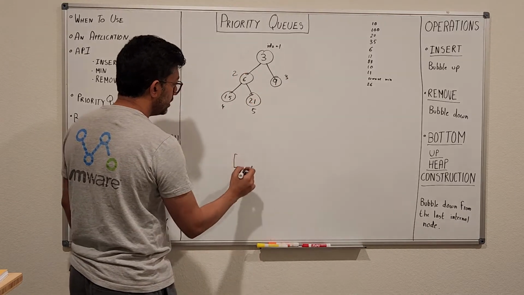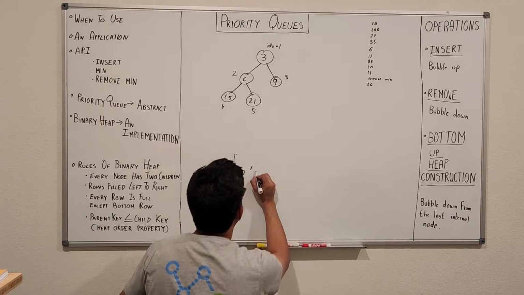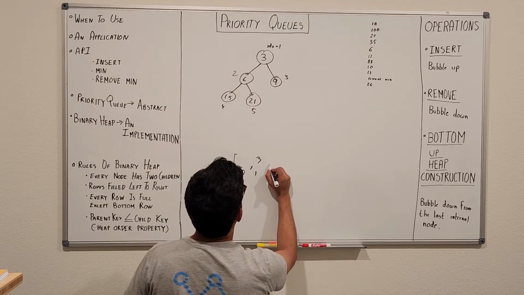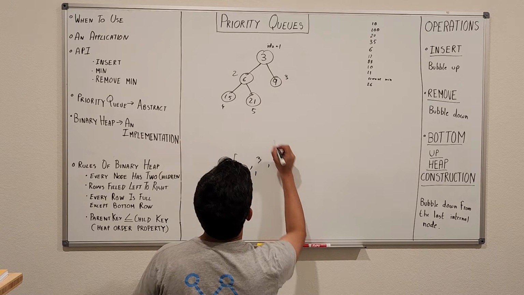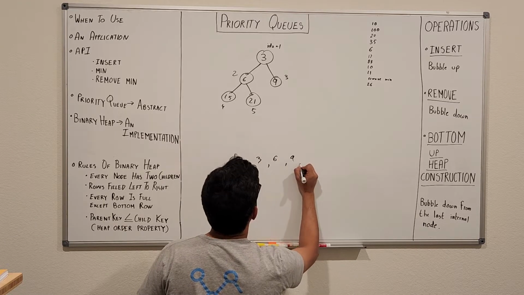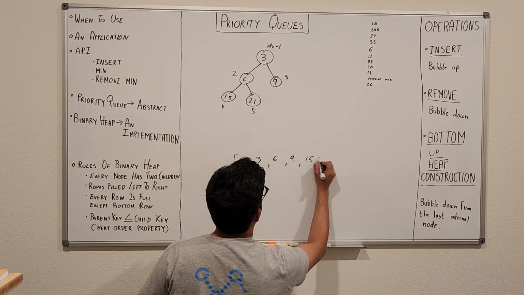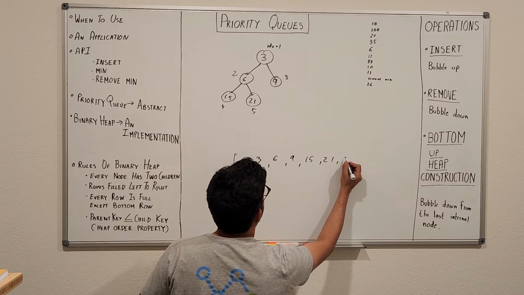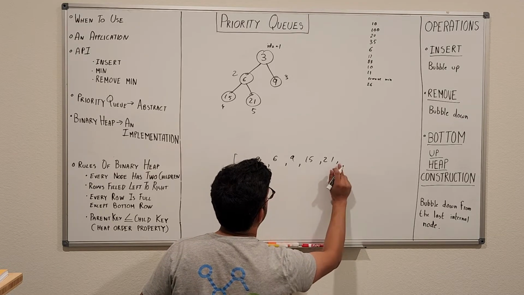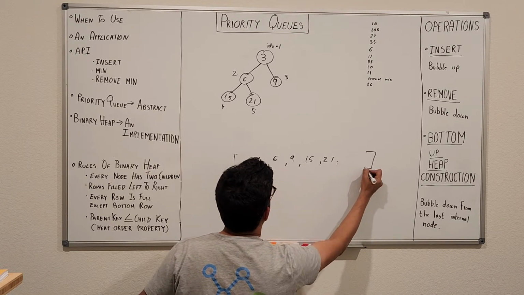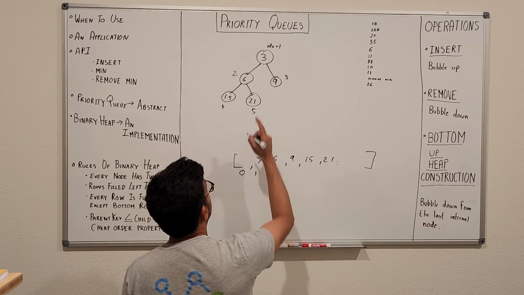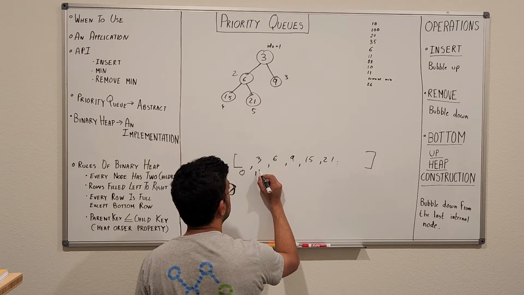So let's look at it. 3 will go at index 1, then you have 6, 9, and then you have 15, 21. And say the rest of the array is empty. The way you find parent and child is by looking at the index.